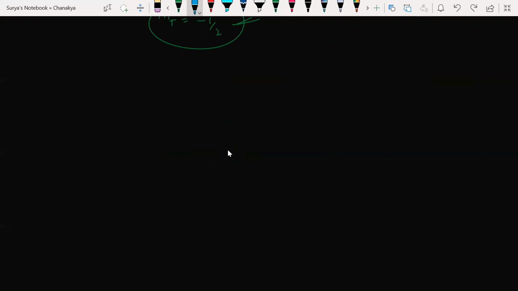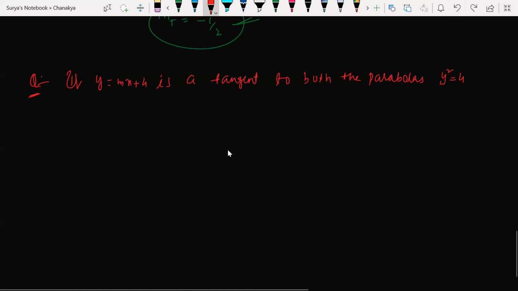We will solve a question which has been asked in JEE 2020. Look, a tangent question, a normal question, very pretty easy and important. y = mx + 4 is a tangent to both the parabolas y² = 4ax and x² = 2by.